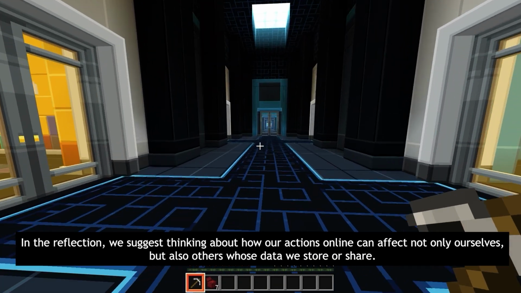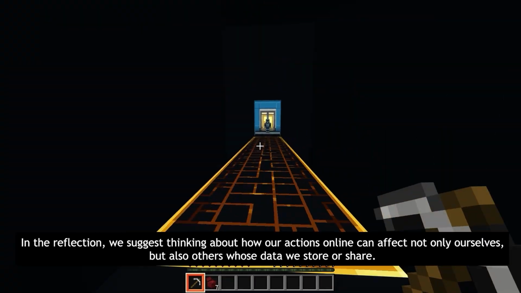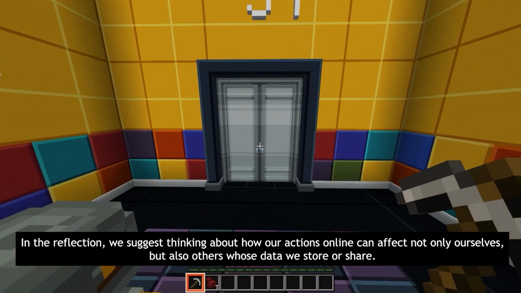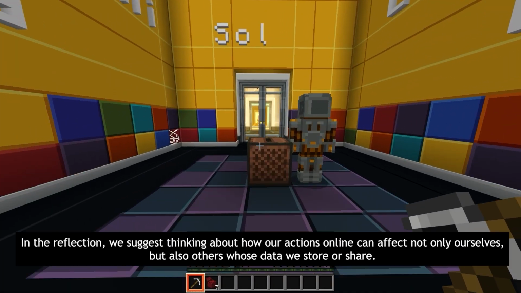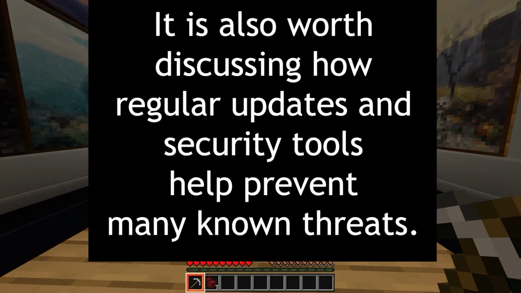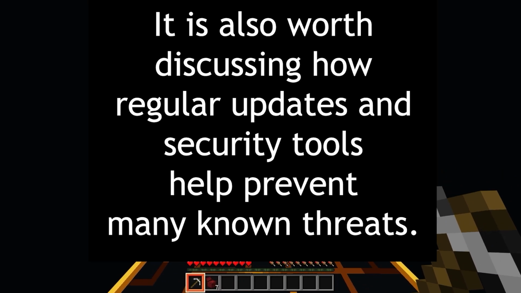In the reflection, we suggest thinking about how our actions online can affect not only ourselves, but also others whose data we store or share. It is also worth discussing how regular updates and security tools help prevent many known threats.